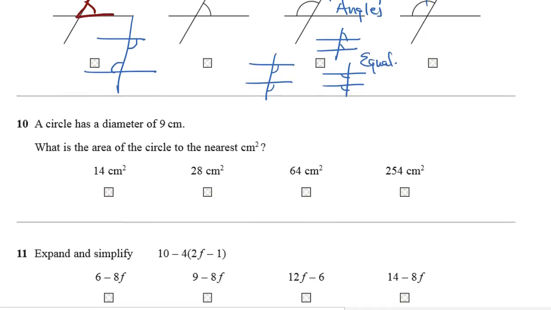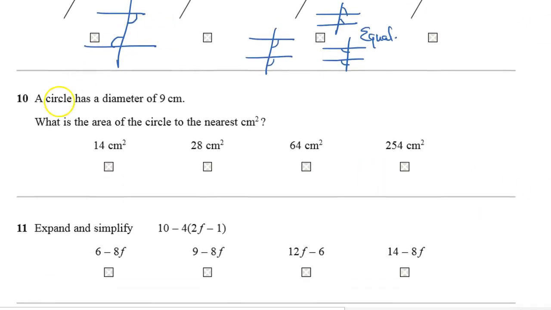Now question number 9. A circle has a diameter of 9 centimeters. What is the area of the circle? So this is 9. We know that area is pi r square.